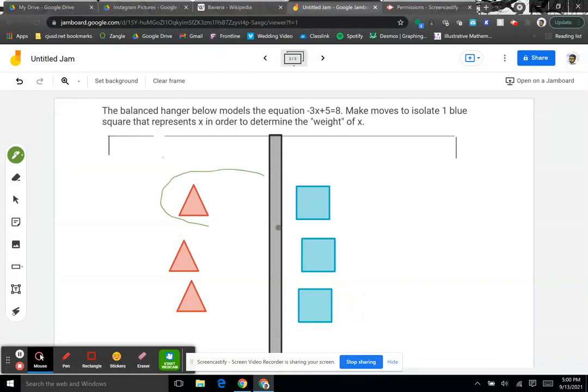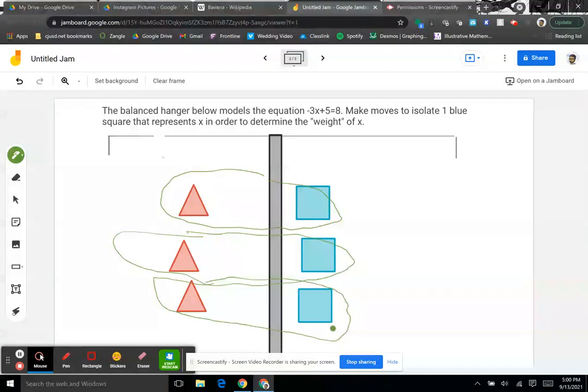I have one group, and one group. This is literally division. I divided 3 into groups of 1 blue square. And we can see that this blue square that's x is equal to 1 red triangle that's -1.